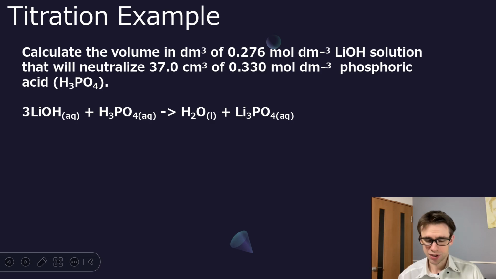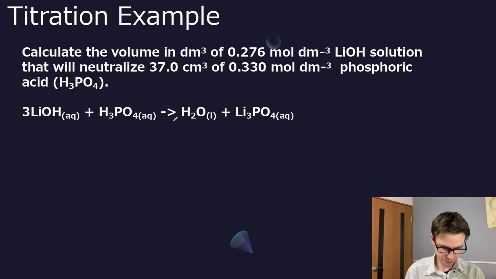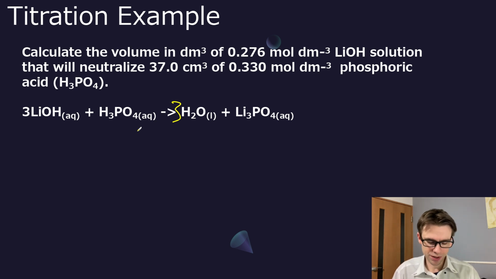And then this question nicely provides us with the balanced chemical equation. 3 LiOH reacts with 1 H3PO4, and that will make Li3PO4 and I think this should be 3 water. That's not really important for this calculation, but just balance the equation properly anyway.